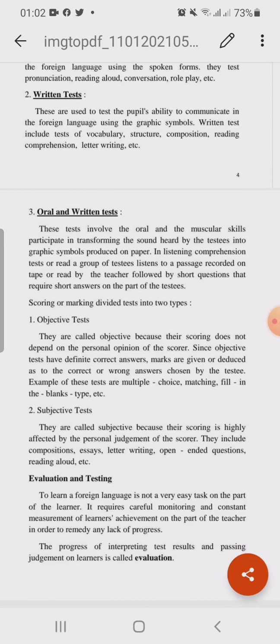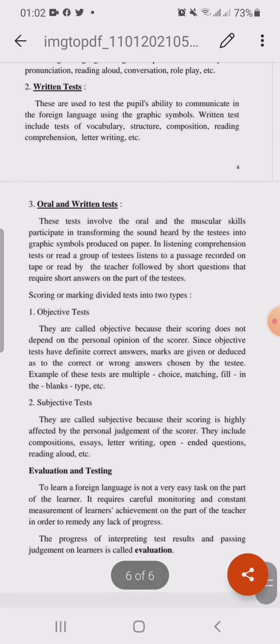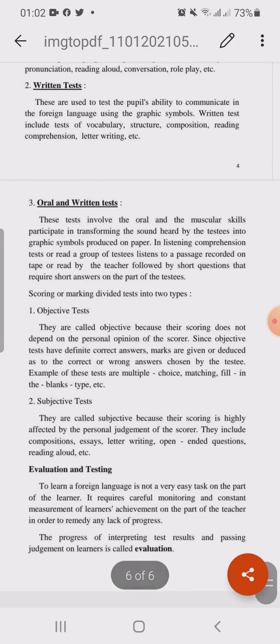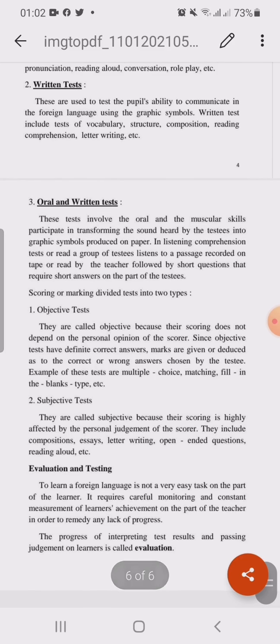Evaluation and testing. To learn a foreign language is not a very easy task on the part of the learner.